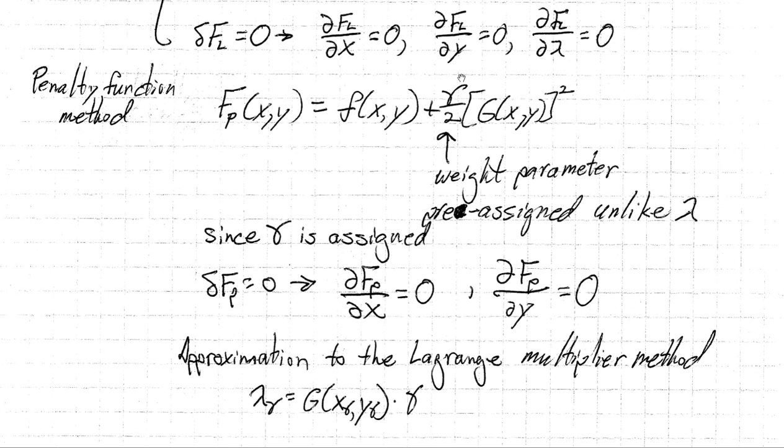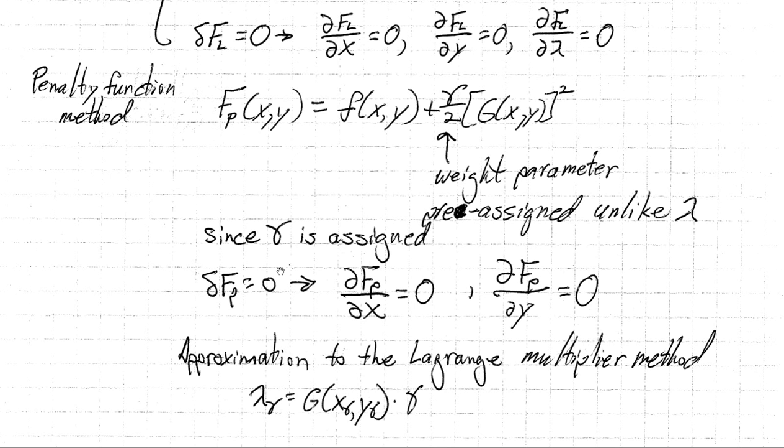So you'd make this very big to make sure it's close to being incompressible. So the bigger you make this, the closer it will become to being exactly incompressible. Unlike in the above Lagrange multiplier method, this is not an unknown. Here it's just a constant you put in the finite element problem.